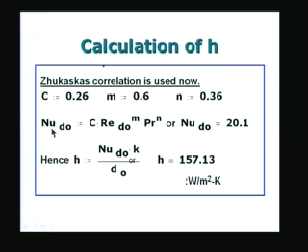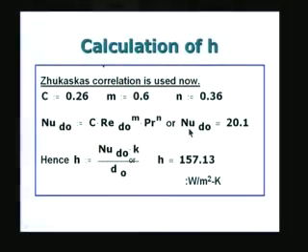So, the Nusselt number based on the outer diameter of the well is given by the product of C, 0.26, multiplied by the Reynolds number, which was already calculated, to the power of 0.6, times the Prandtl number 0.7 to the power of 0.36, and that gives you 20.1. This Nusselt number is a non-dimensional parameter.